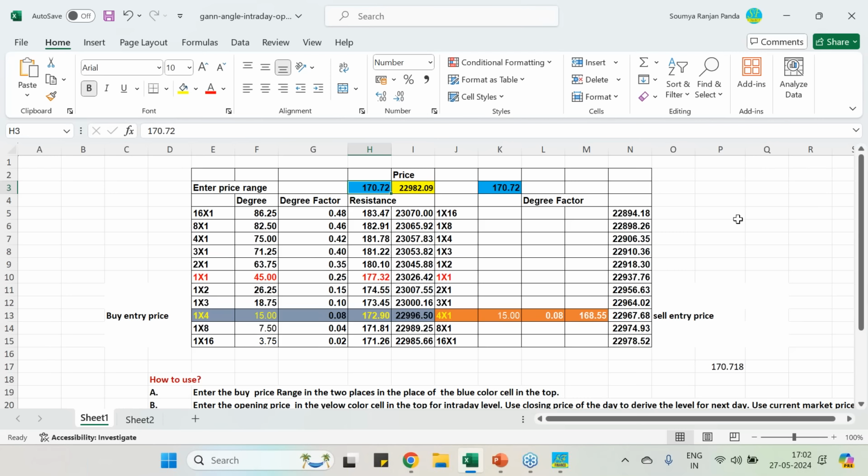Then I used the day's opening price, and from there I forecasted the uptrends and downtrends. Once the uptrend completes, the second cycle starts. Once the downtrend completes, the second cycle starts. And you have seen the day's low and high are very close to our calculated levels.